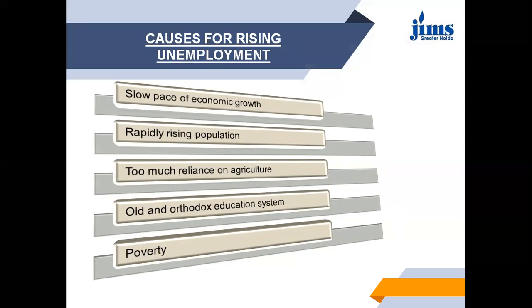Next is rapidly rising population. As we know, population is rising very fast, so this is one of the major reasons for unemployment in India. Then too much reliance on agriculture.